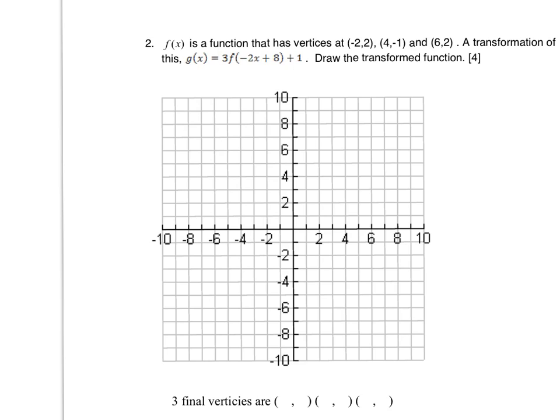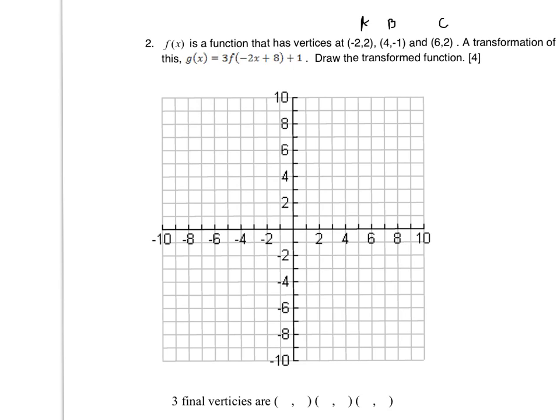In the next question, we have function f of x, which has the vertices of (negative 2, 2). Let's call this one A, this one B, and this one C. These are the vertices of the function. Now we apply a transformation which is given by g of x equals 3f(negative 2x plus 8) plus 1.